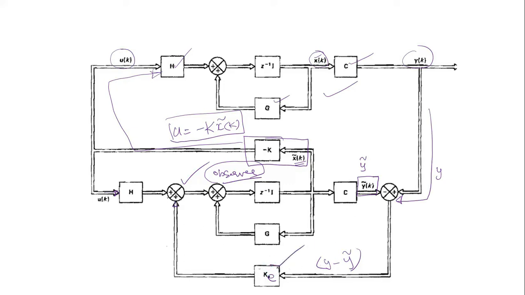This ke will be controlling how fast x tilde of k can become as close as possible to x of k. This is our objective, and we have the gain matrix ke that is adjustable to control that part.